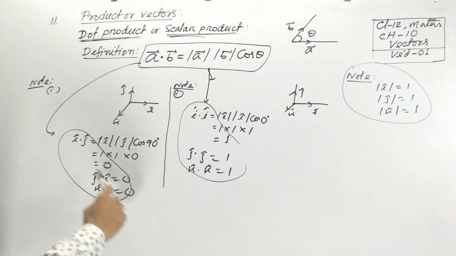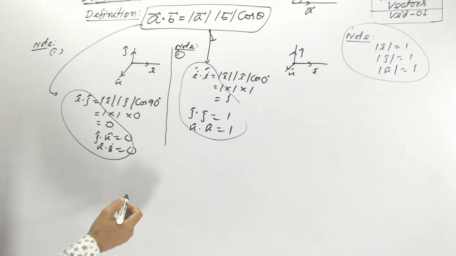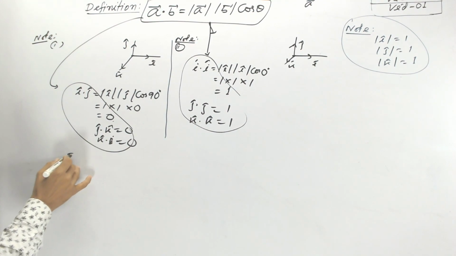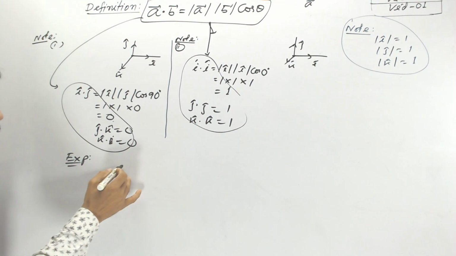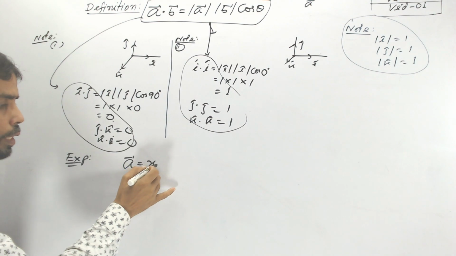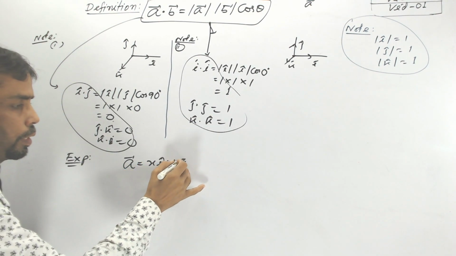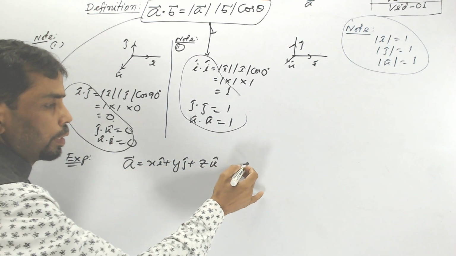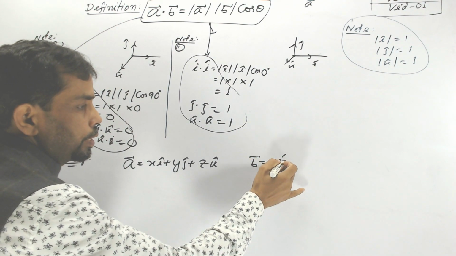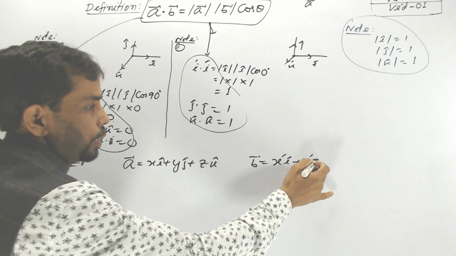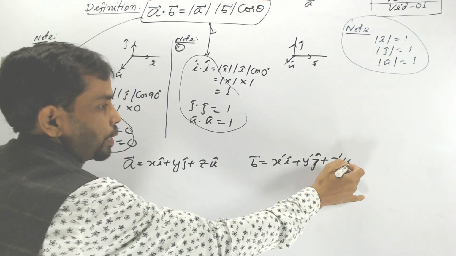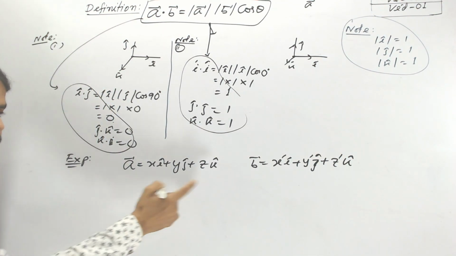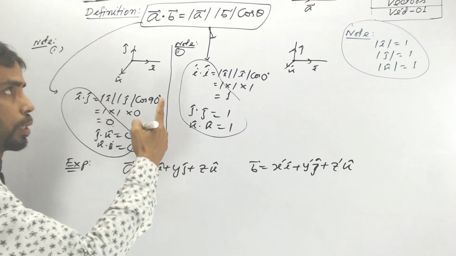Now using these concepts, I'll take an example of how to find dot product. Say A is one vector, xi plus yj plus zk, and B is another vector, x dash i plus y dash j plus z dash k. I want to find their dot product.